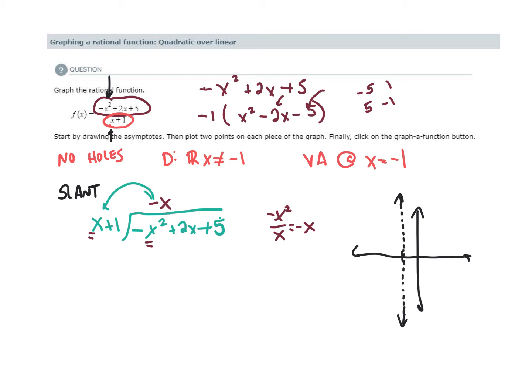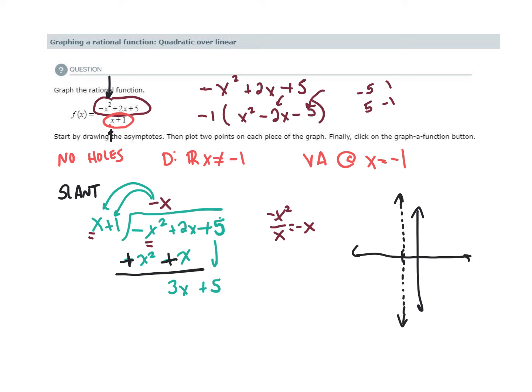I will then multiply that by both terms out front, which gives me -x squared minus x. And then the big thing here is we want to subtract, so we're just going to change the sign. These will both become positive. So -x squared plus x squared goes away, and now 2x plus x gives me 3x. And I'll bring down the 5.